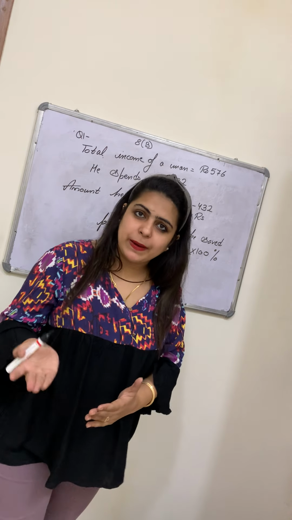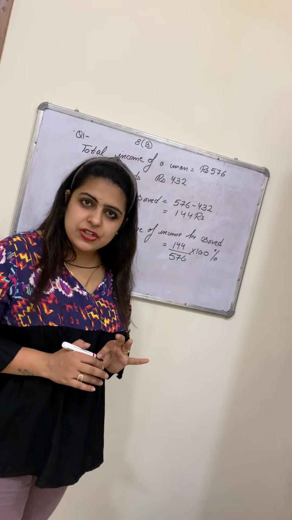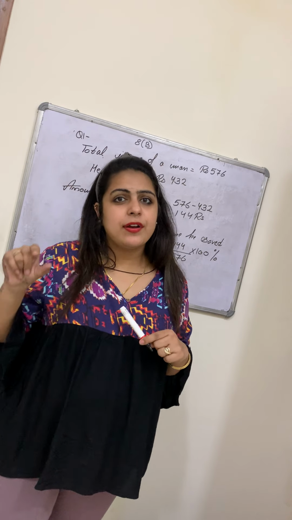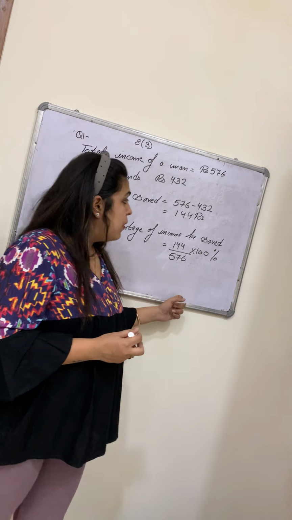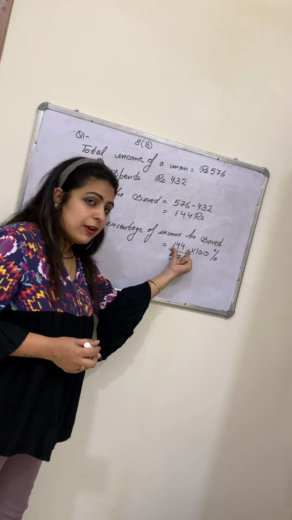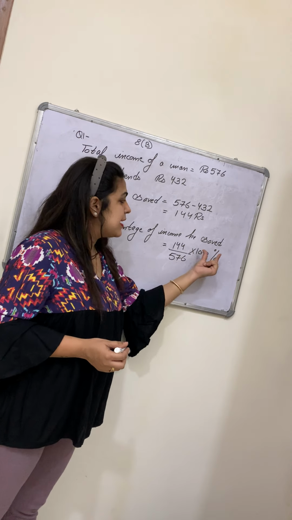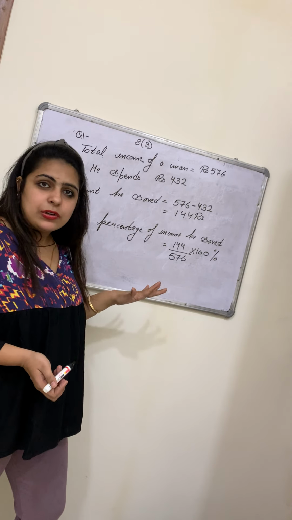We have kept the first quantity as numerator and the second as denominator. And I have given you the example for calculating a percentage in exams: whatever you have scored upon total number into 100. Same thing is here. Whatever he has saved, that is 144 rupees, upon total, that is 576 rupees, into 100% will be your percentage calculation.